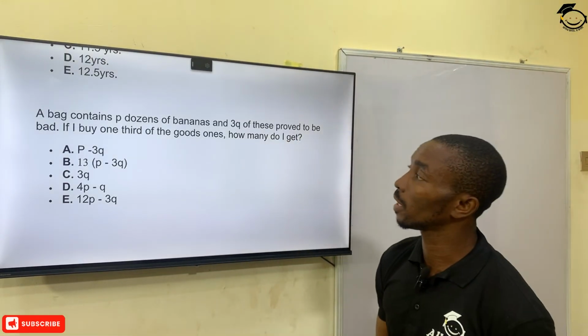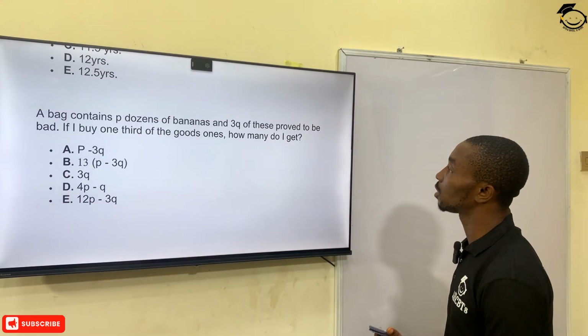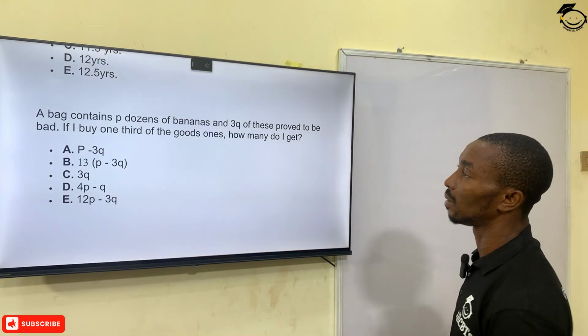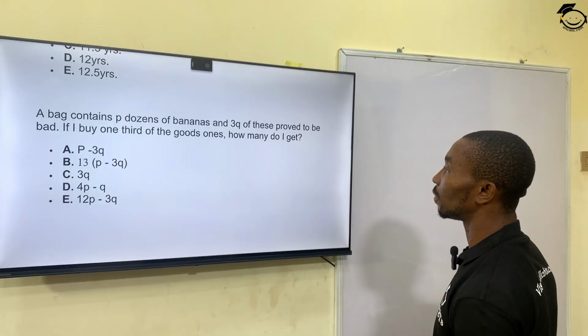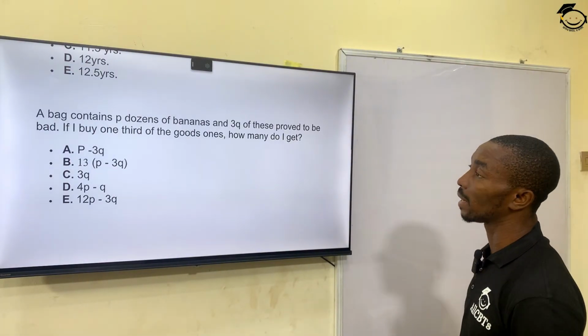A bag contains P dozens of bananas and 3 kg of these proved to be bad. If I buy 1/3 of the good ones, how many do I get?